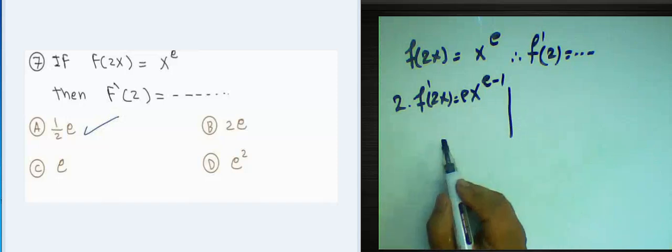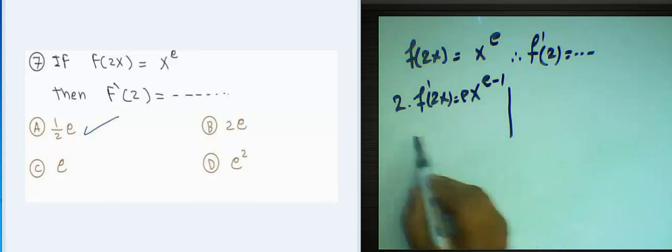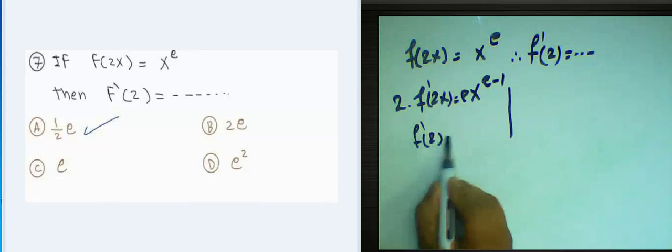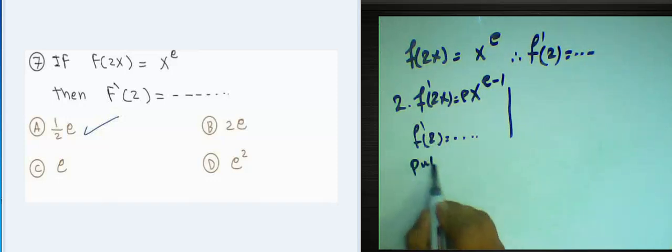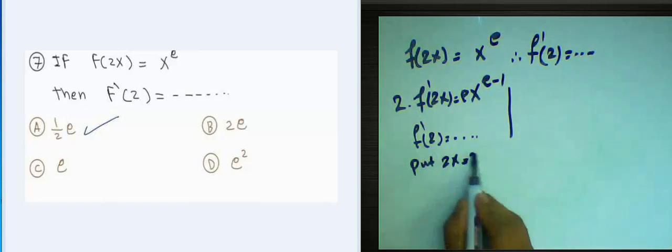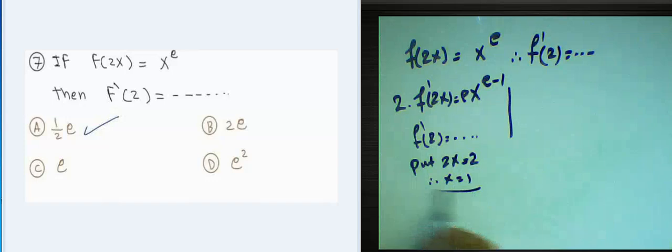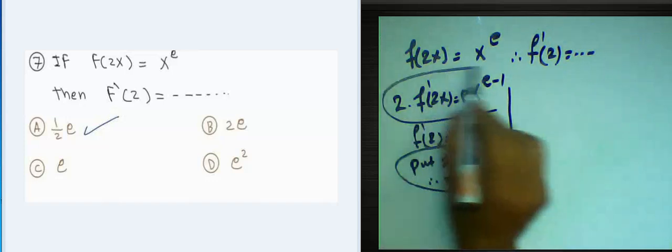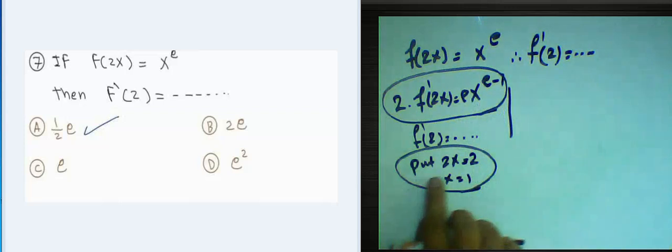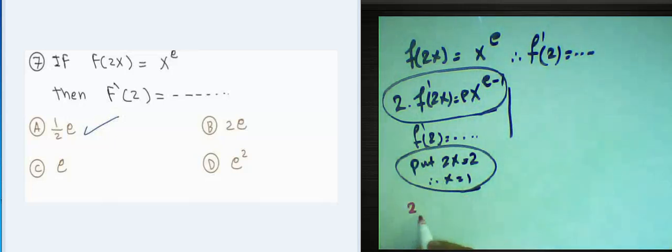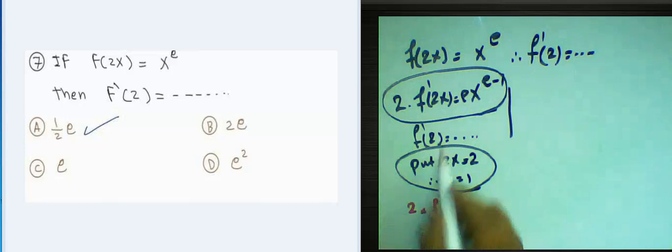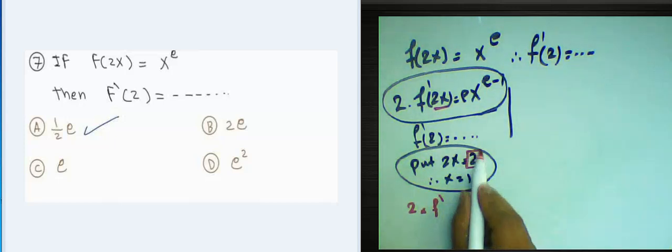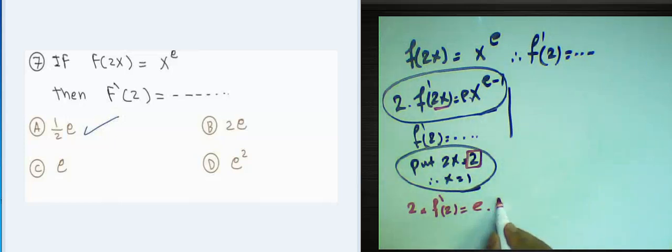and what does he want to find the derivative of? He wants f dash of 2, but in this example 2x equal 2, then x will be equal 1. Okay, in this example we find the derivative of this function, but 2x here equals 2 and x equals 1. Then we can write here 2 multiplied by f dash of 2x, cancel the 2x and write 2, equal e multiplied by x power e minus 1.